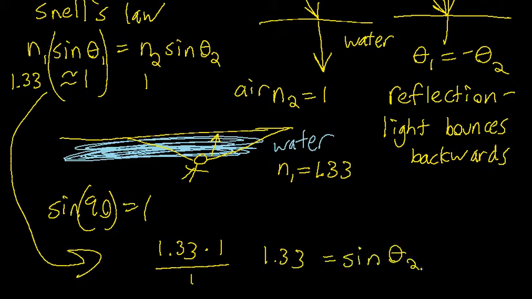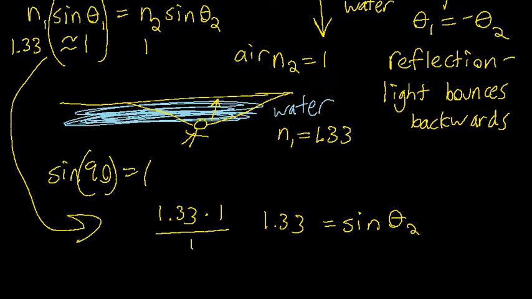Well, this is a bit of a problem because sine of any number cannot go beyond 1 or negative 1. So there is no angle that can possibly make this side equal to 1.33.